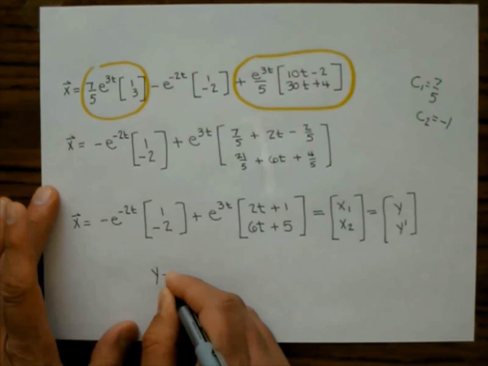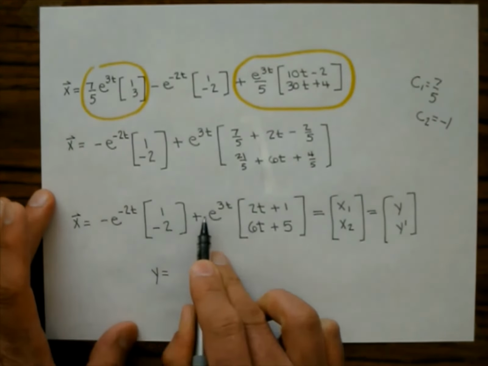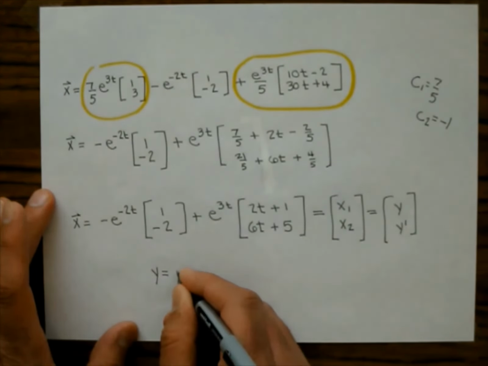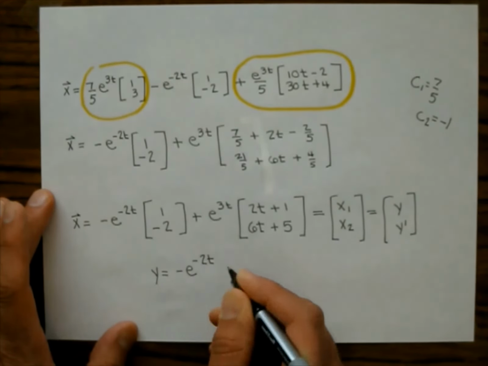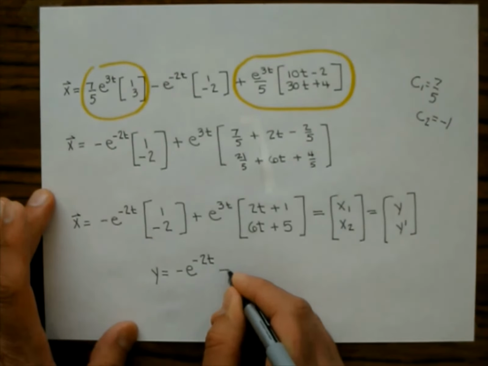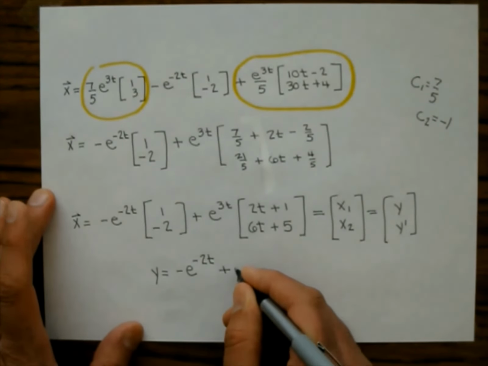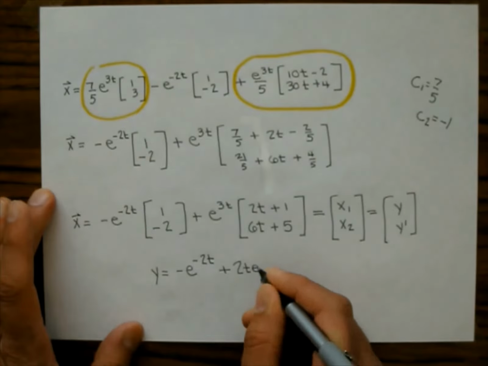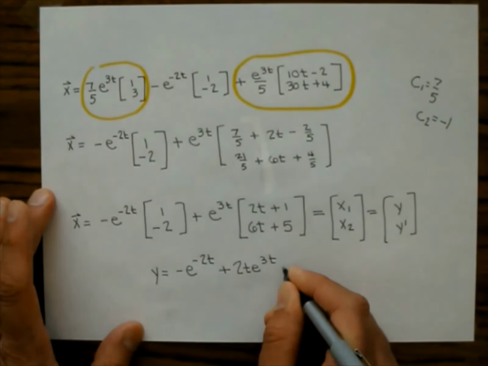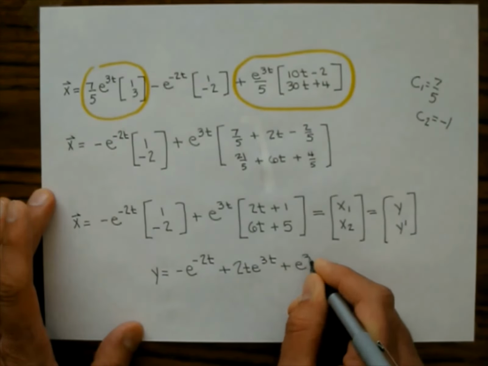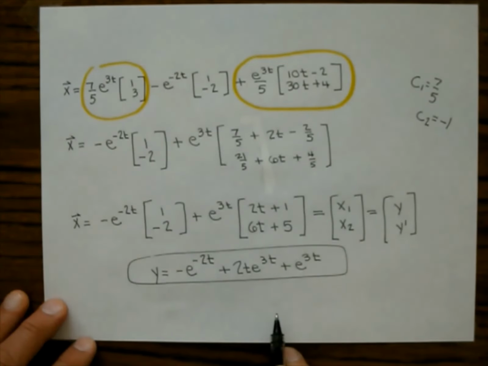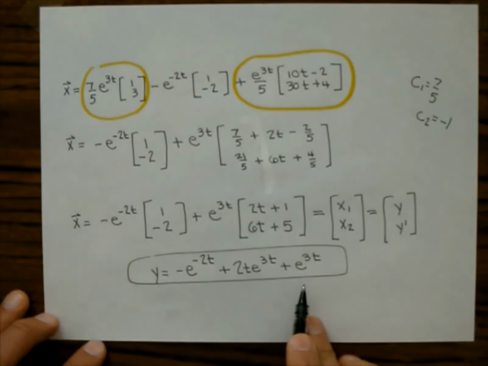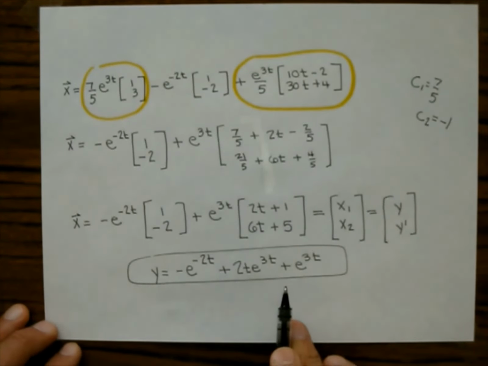It says y equals, and so I'm following the top part right here, negative e to the negative 2t, and then I have plus 2t e to the 3t plus e to the 3t. There it is. That is the answer I got when I did the Laplace transform, and that is the answer that I got on review 4 when I did it, using annihilators and using the variation of parameters.